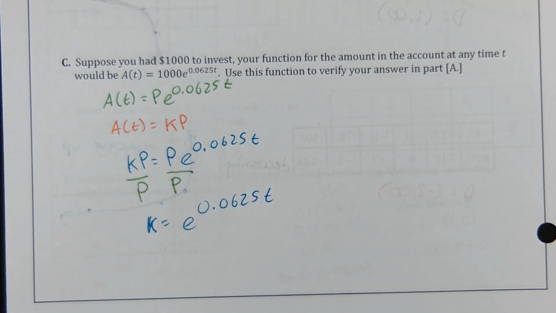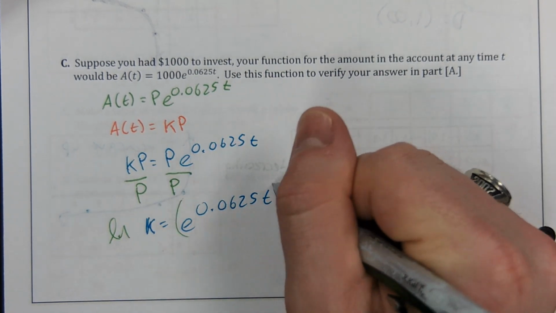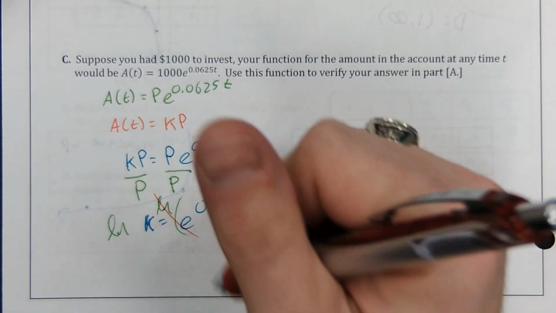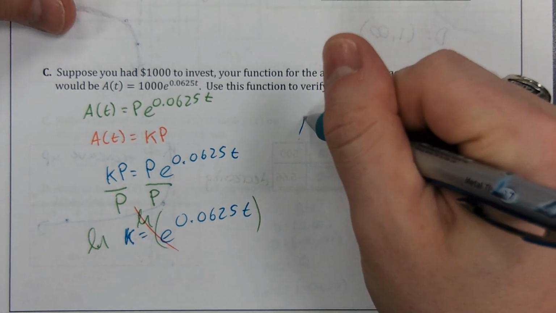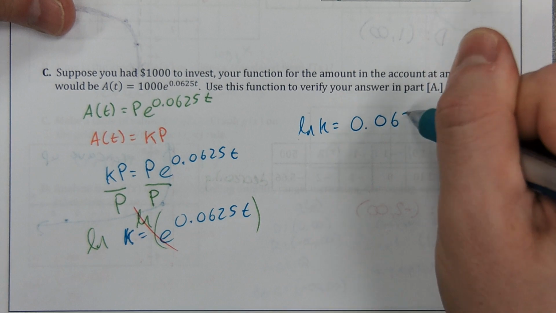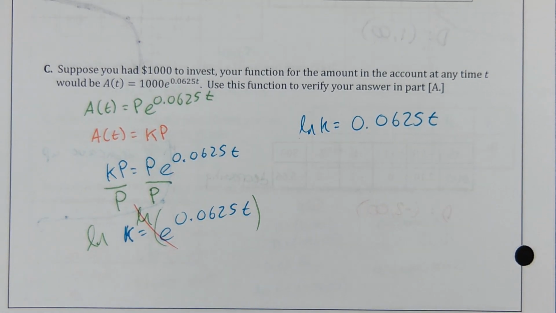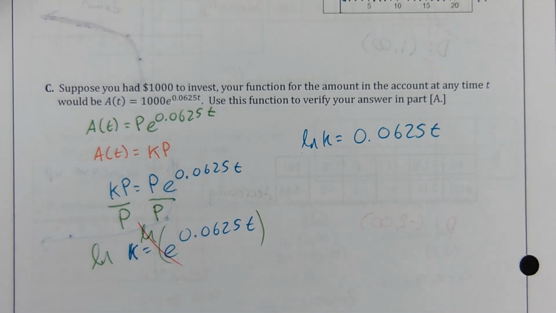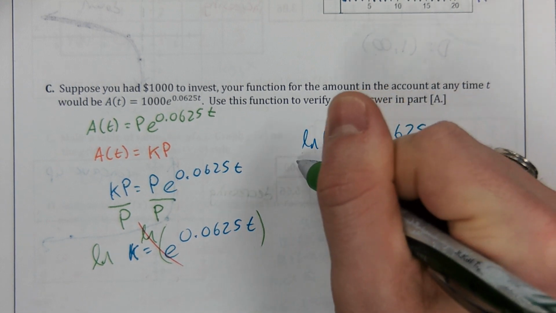I'm going to take the natural log of both sides. So ln of k and ln of this stuff on the right side, the ln and the e are inverse functions of one another, giving me the ln of k equals 0.0625t, and obviously divide both sides by this number to finish it out, and we have accomplished the end of the notes.